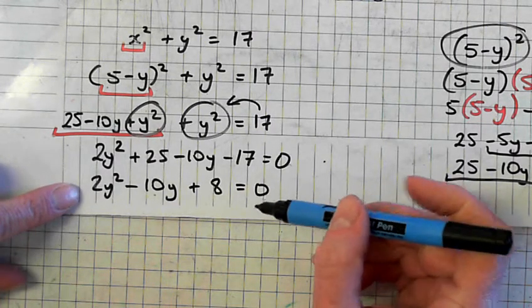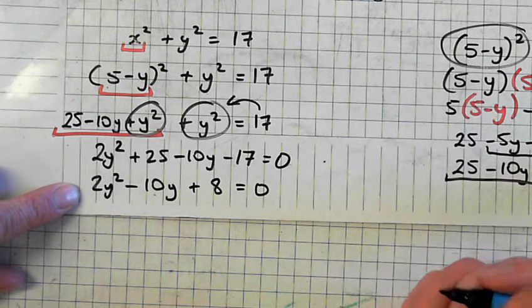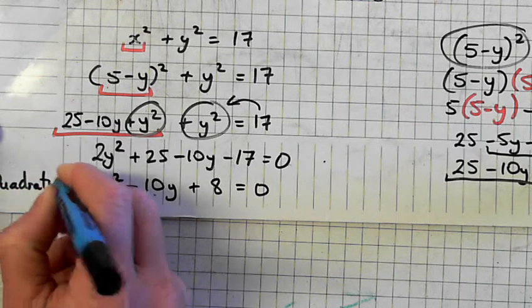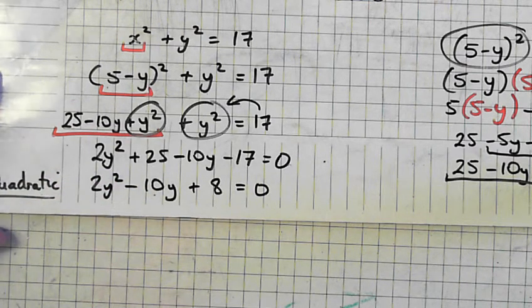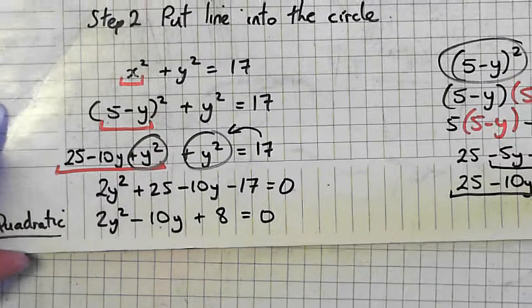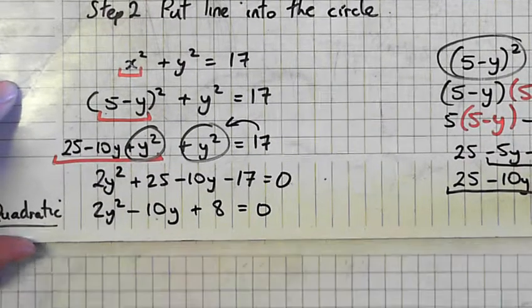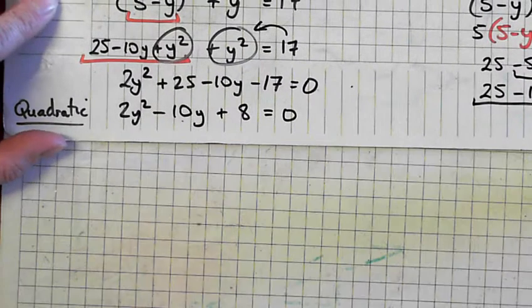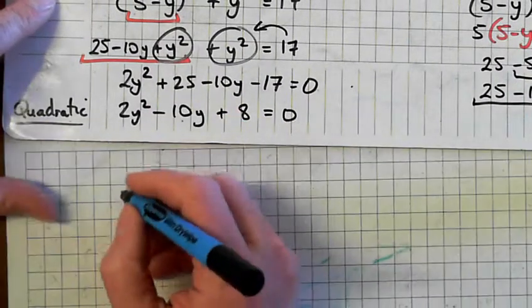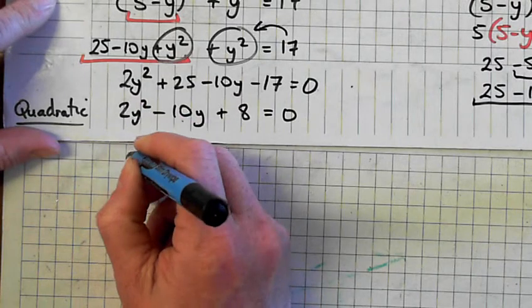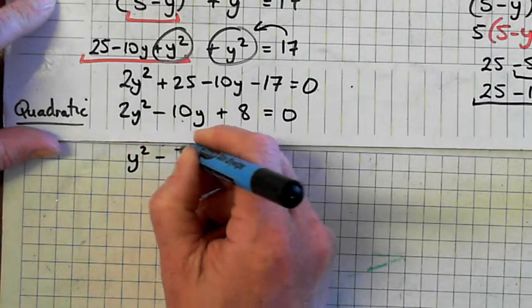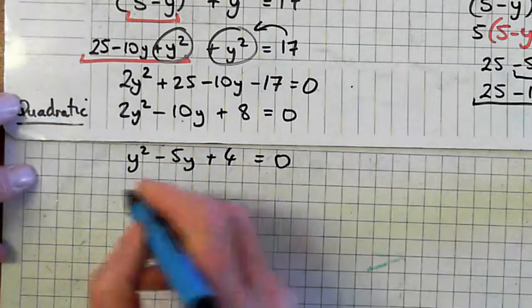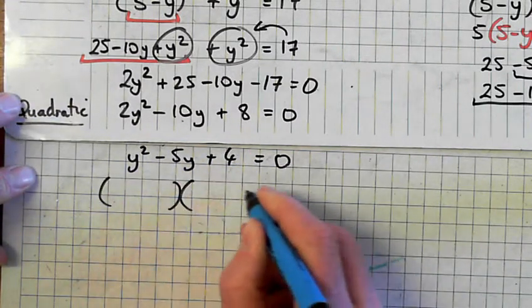Right. Now, this is a quadratic equation now. So at this point, this is still step 2, I need to solve the quadratic equation. So the first thing, what number will divide into all of these numbers here. So 2 into 2 goes once, 2 into 10 goes 5, 2 into 8 goes 4 times. And I need to solve this.